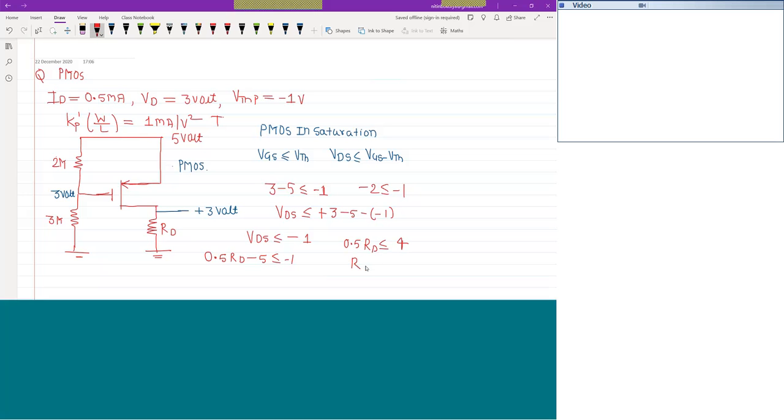So RD should be, हमने क्या किया, डायरेक्ट वही कंडीशन निकाल ली कि so that our transistor can stay in the saturation. और transistor will stay in the saturation only if the RD is less than 8 किलो ओम. कि RD का वैल्यू अगर 8 किलो ओम से कम हुआ तो ट्रांजिस्टर विल स्टे इन द सैचुरेशन रीजन. दिस इज द फंडामेंटल आइडिया.